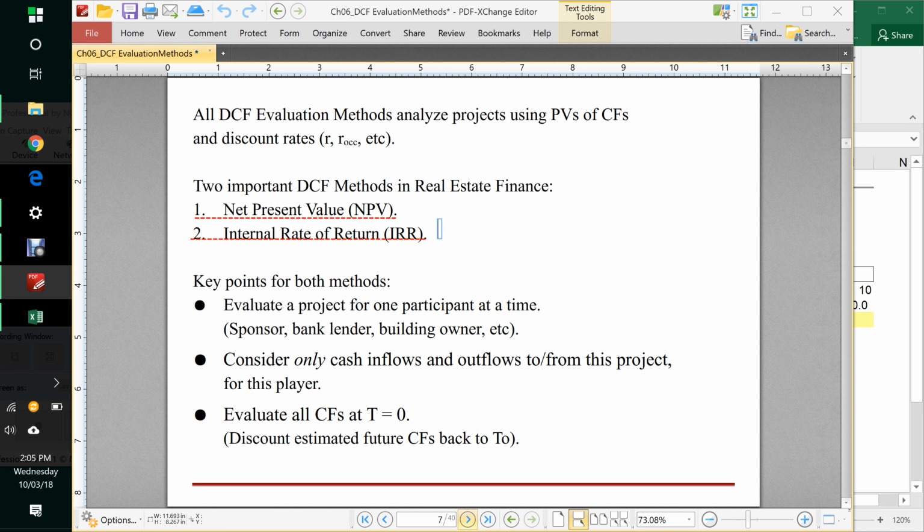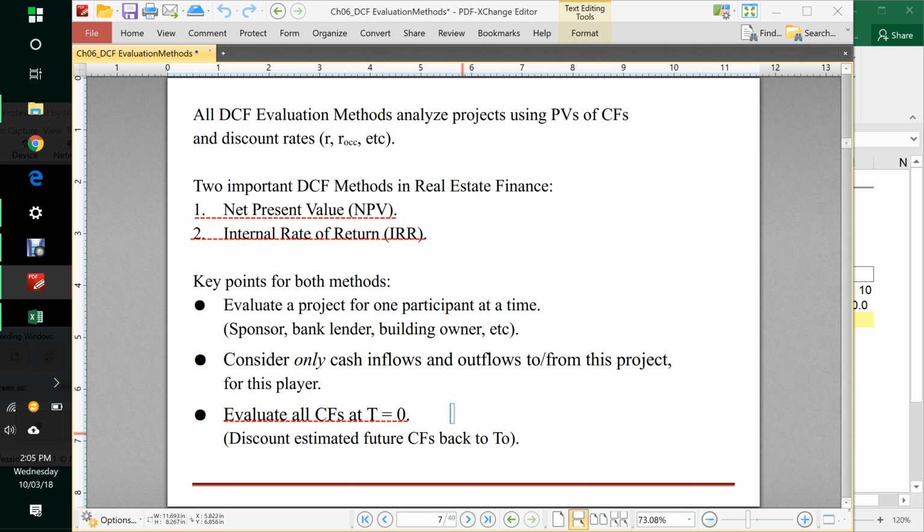With both of these, we're always going to discount all the cash flows back to t equals 0, because that's when we have apples to apples. That's when we can add them up. So discount them individually one at a time, then we can add them up.